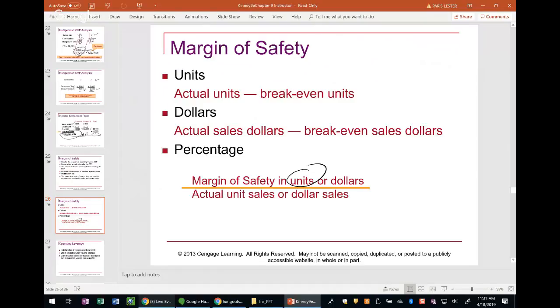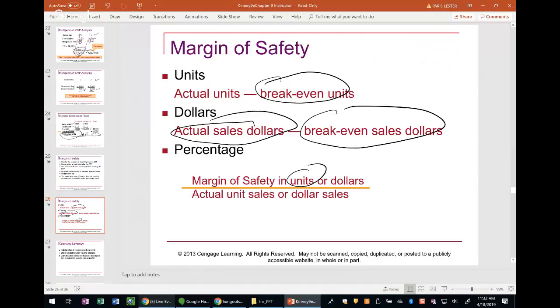Now, units is actual unit sales minus break-even units. Dollars is actual sales minus break-even sales. All right. We'll have to look at that. This don't make sense yet.